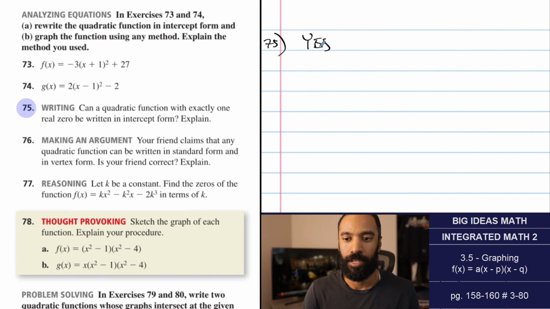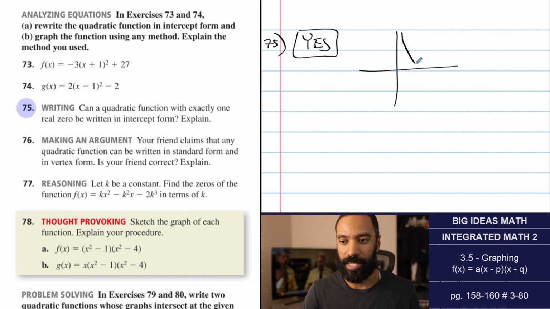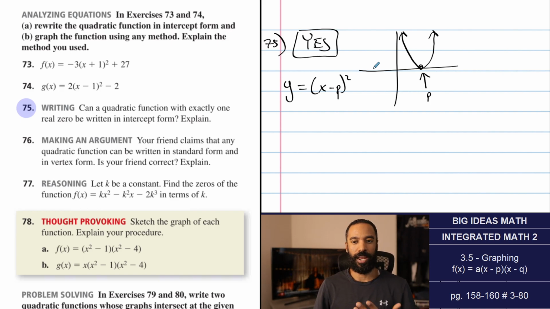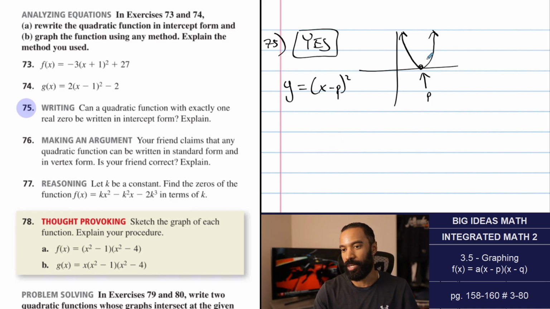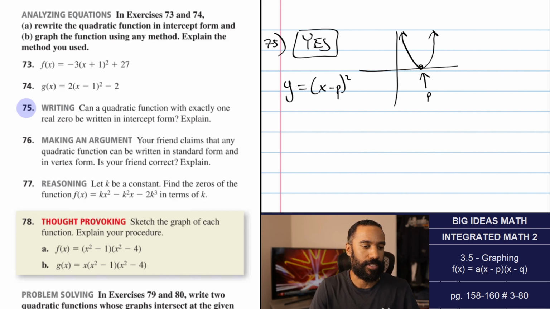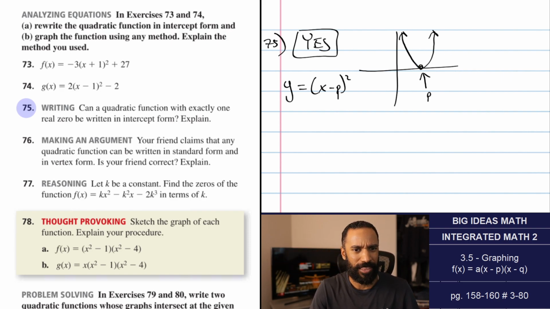So, first of all, yes. Now, one real 0 means it hits at the vertex and goes back up like that. Okay? So, if this is P, then this is x minus P times x minus P. It's x minus P squared. That's what makes it a quadratic. I'm just going to write that. That's my explanation. The vertex is on the x-axis, the x-intercept. That's where I said that they'd have you do something. They asked me to write, though.